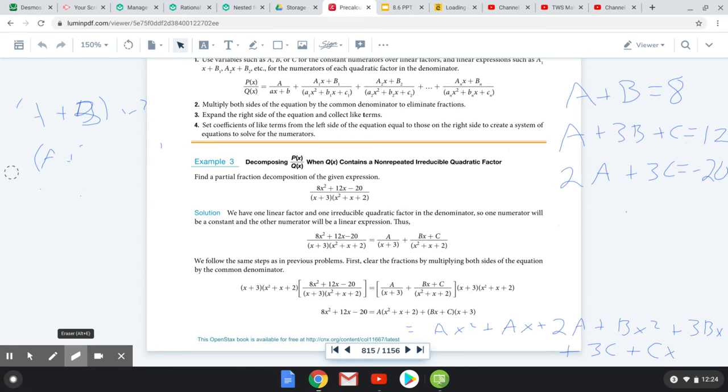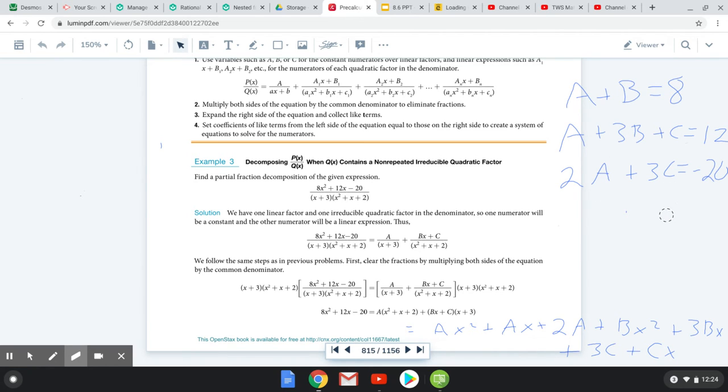So let's go ahead and do that. What I'm going to do is add these two, getting rid of the c. So I'm going to multiply this one by negative 3, and then we're going to get rid of the c's, and then I'll have another equation that just has a and b in it.